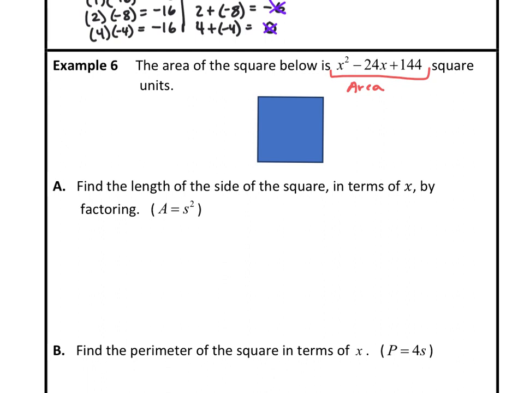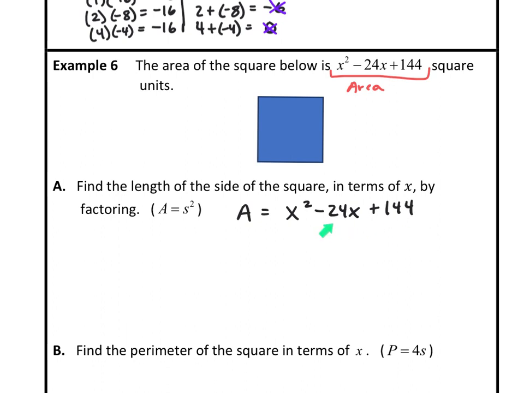Okay, and then it gives us a formula from geometry, and it says find the length of the side in terms of x by factoring. So they're telling me in the beginning that x squared minus 24x plus 144 is the area.